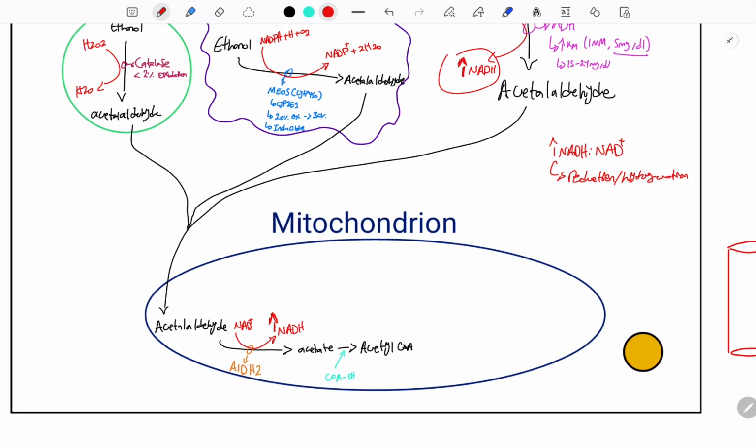extremely toxic. Acetaldehyde can be just as toxic, if not more toxic, than ethanol, because it's very highly reactive, and it can bind to proteins, nucleotides, and phospholipids through covalent binding, and it can form adducts, okay? An adduct is literally just when these two molecules are bound together, okay?